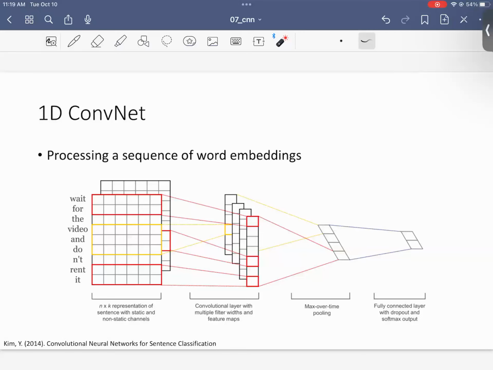The first word and the last word in your sentence usually are not as correlated as the words right next to your current word. Make sense? So you can totally use convnet on text, but nowadays everybody uses transformers, so this is old stuff.